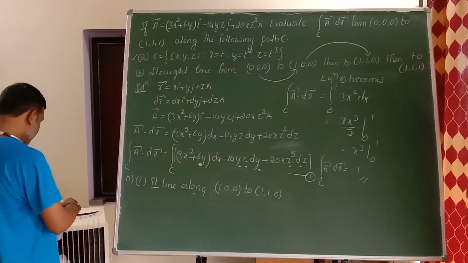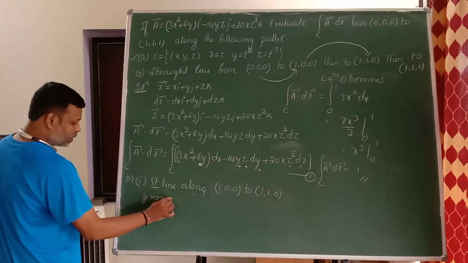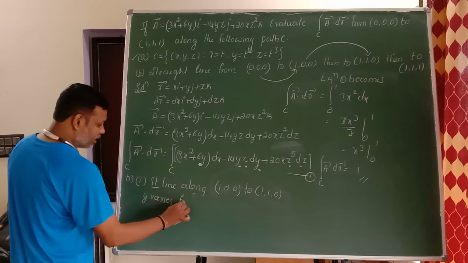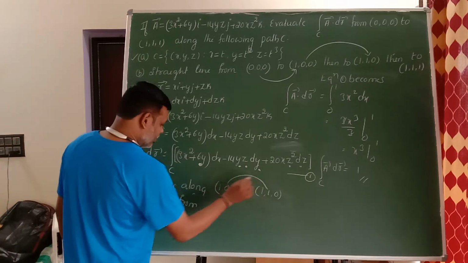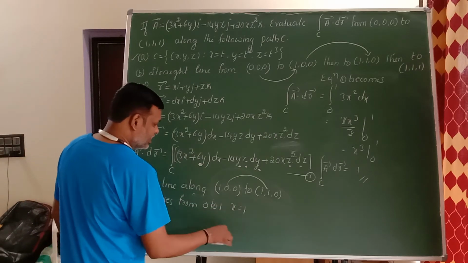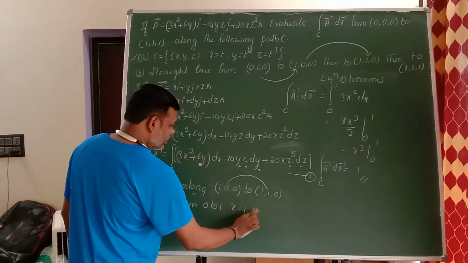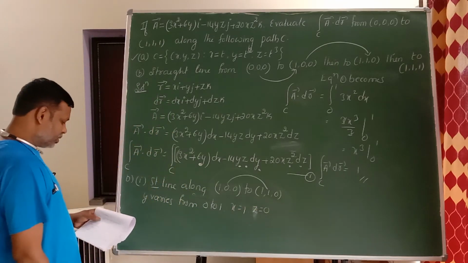Here we have to take the y value. x is already over, so y varies from 0 to 1, such a way that x is equal to 1, z is equal to 0.